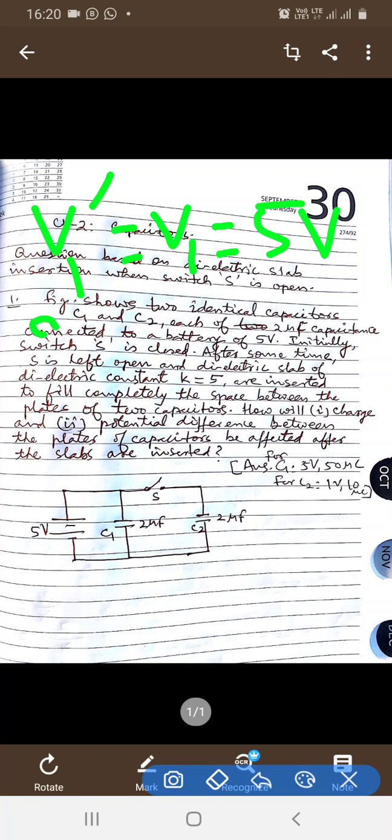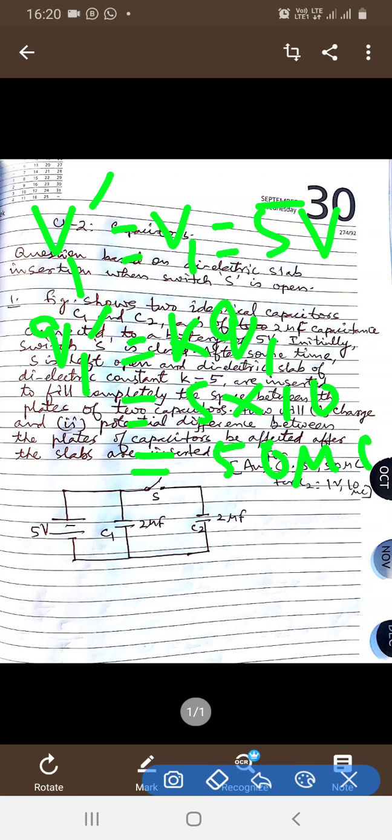And now Q1 dash. So this capacitor remains connected, hence Q1 dash is equal to K times Q1, and K is given as 5 and Q1 you got 10 microcoulomb. So Q1 dash is equal to 50 microcoulomb. V1 dash is 5 volt after insertion of dielectric, and Q1 dash is 50 microcoulomb.